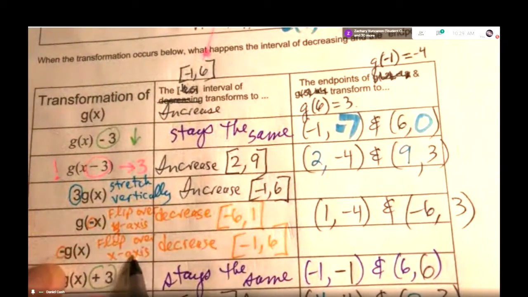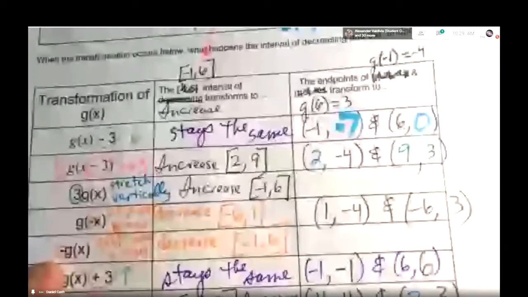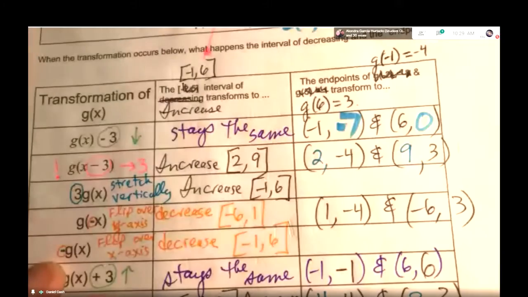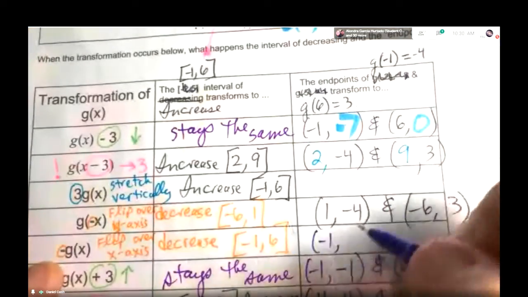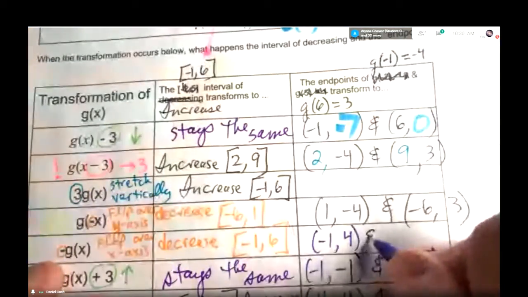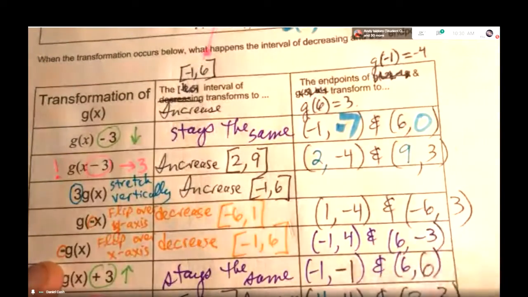And here, this is a flip over the x-axis, so we're flipping up and down. Notice my hand is changing, not left to right, but it's moving north and south, which is the y value. So all I have to do is change the y value from a negative 1 to a positive 4, and the positive 6 to a negative 3.